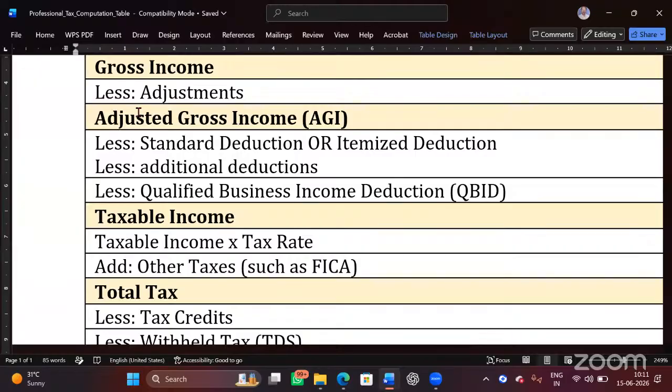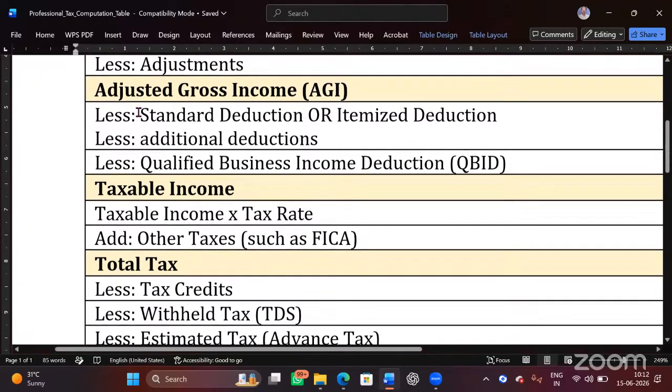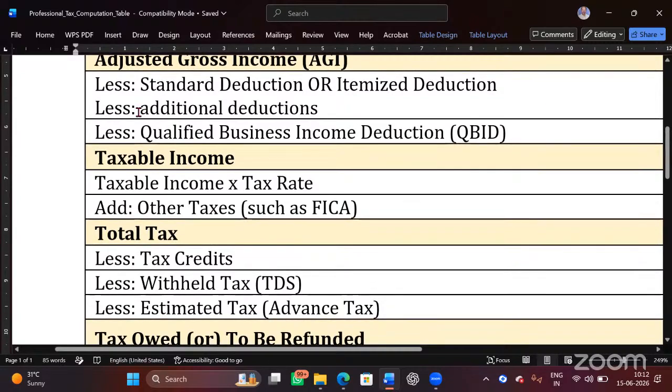After deduction of the standard deduction, additional deduction and QBID, we get taxable income. On the taxable income, we need to calculate tax using the tax rates. The rates are given in a separate part.